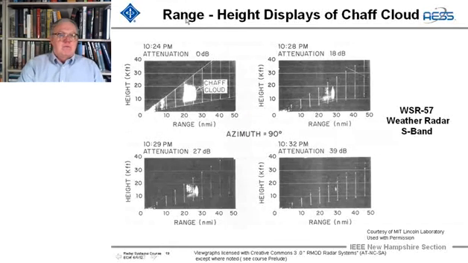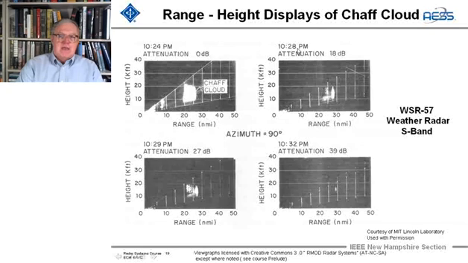Here, remember I pointed out earlier that we had also, I don't know if you noticed it, a radar called the WSR-57, which was a height-finding radar, a circular radar with a narrow beam that's used to detect weather. And this is that narrow beam looking at the chaff cloud at 1024 with no attenuation in the chaff cloud.